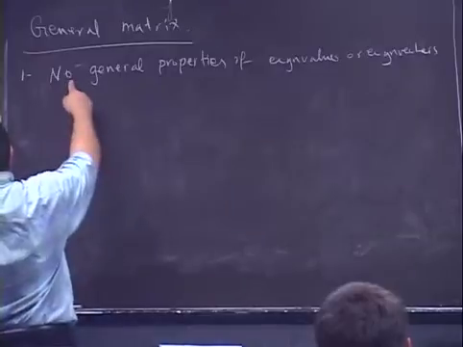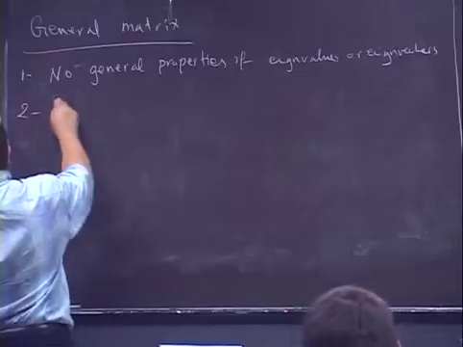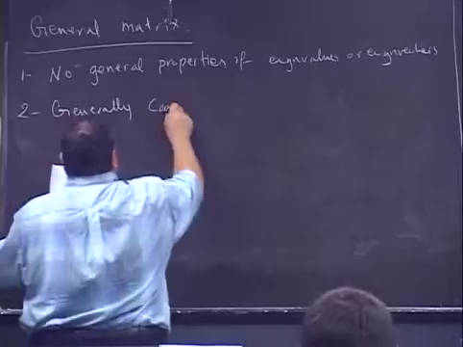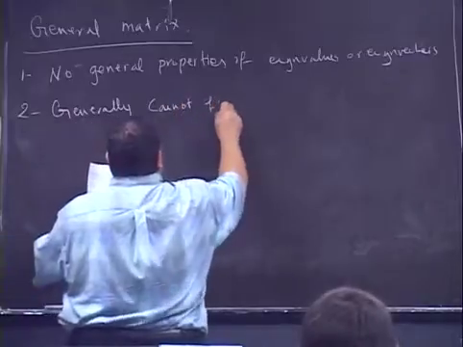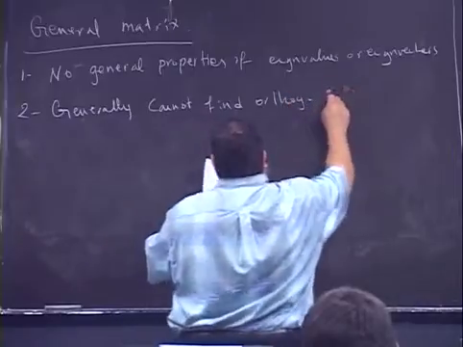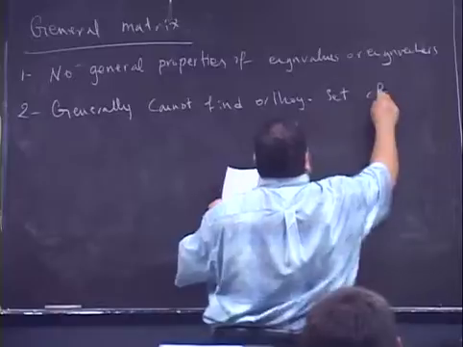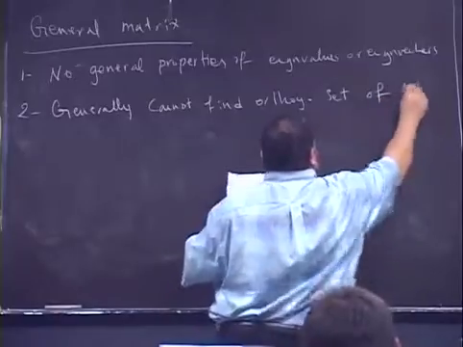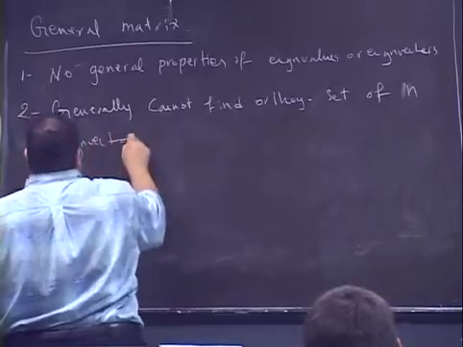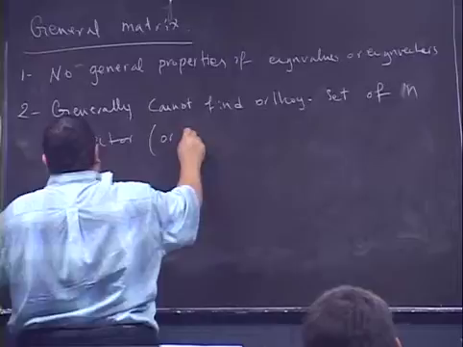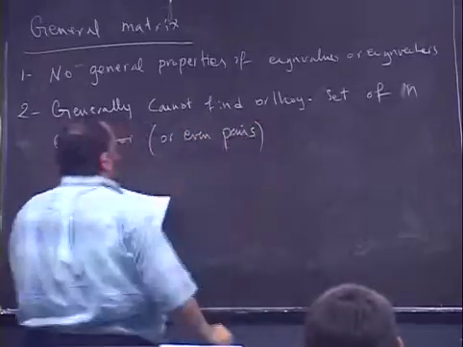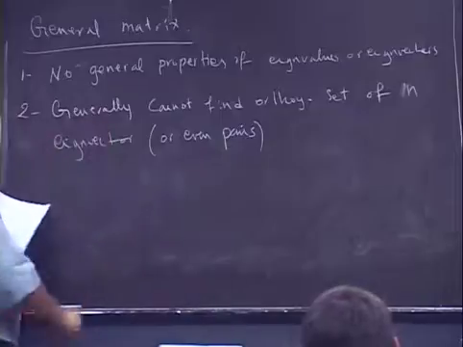So the first thing is there are no general properties. Generally you cannot find an orthogonal set of n eigenvectors. You will be lucky if you find pairs of eigenvectors that are mutually orthogonal.